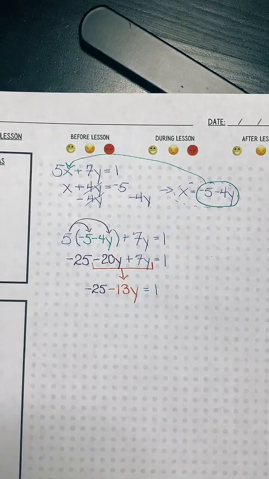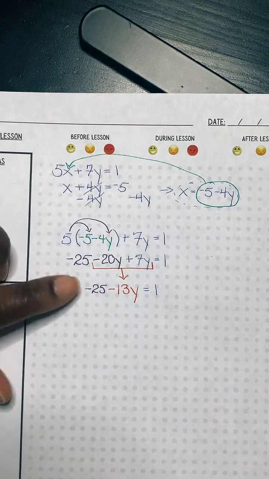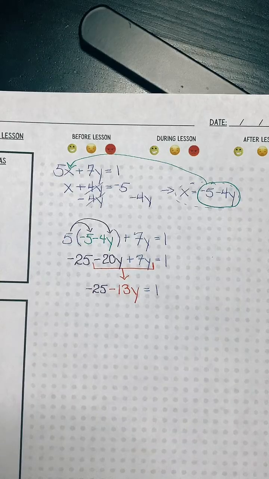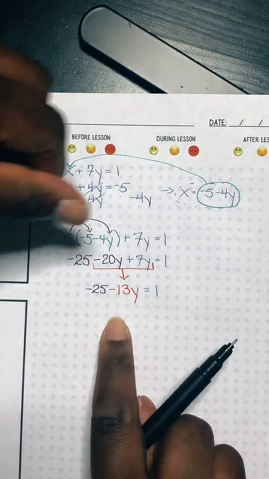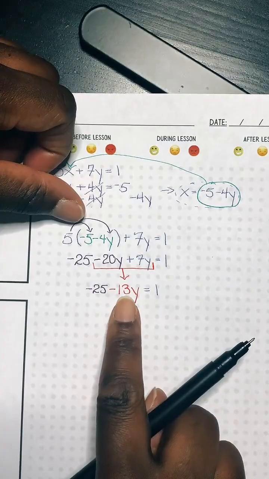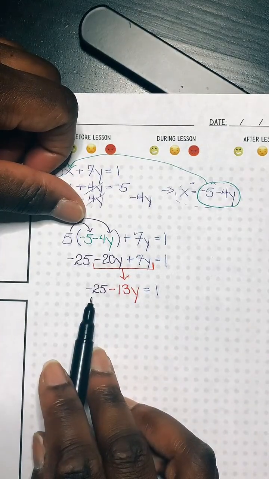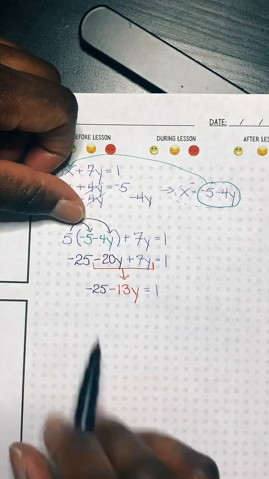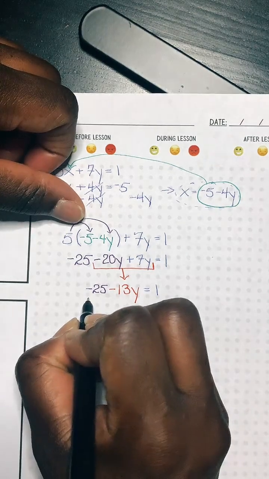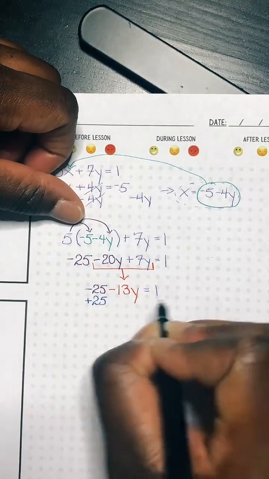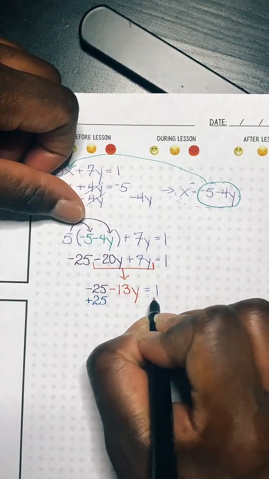All right. Okay. So we're trying to get y by itself. So that means this negative 13y is going to stay right where it is. Okay? The negative 25 is driving us crazy. So we're going to do the opposite, which is add 25 to both sides.